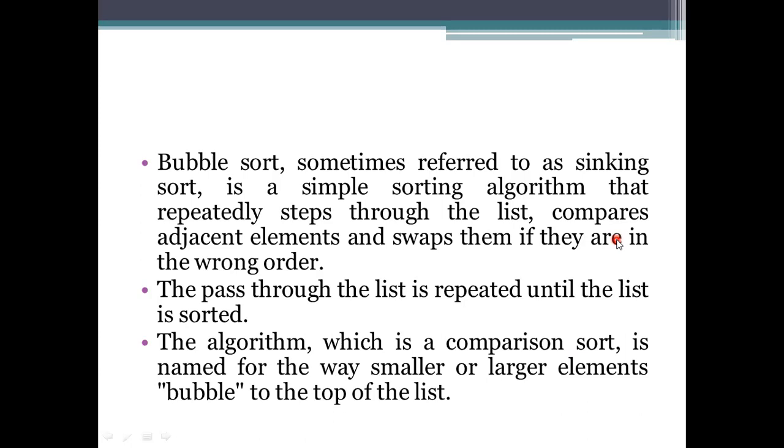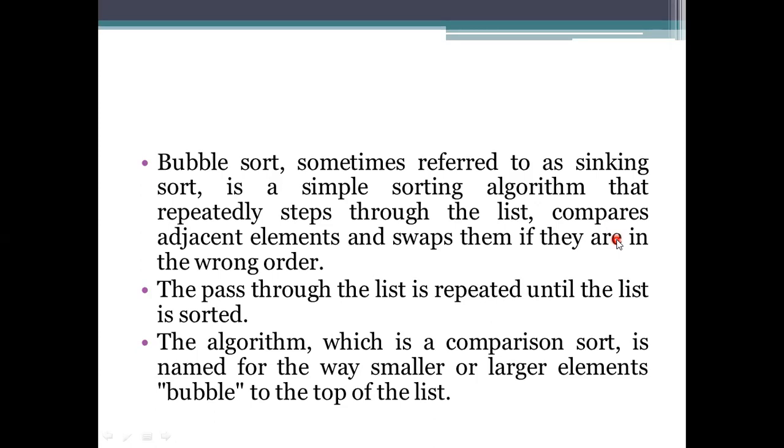We need to take the elements we have in our array and start to compare the values. The comparison is done with the adjacent elements, swapping and again processing, again swapping. At last, the larger elements bubble up.